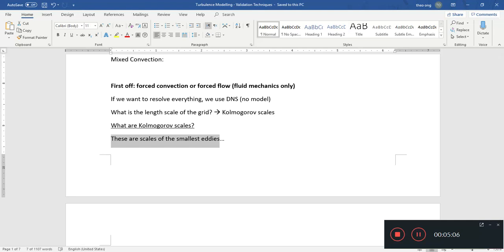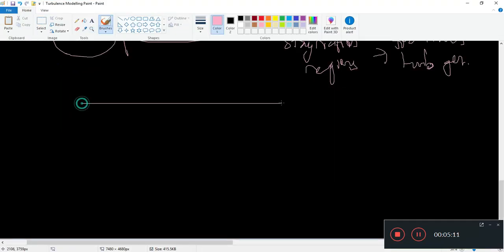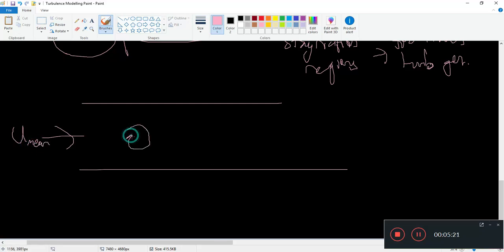So let's say you have a free shear flow. You have a flow of a fluid in the free shear region, with a mean velocity U mean. Inside it you have, of course, your eddies. You have big eddies and small eddies. The big eddies are more oddly shaped, and the small eddies are usually more isotropic.